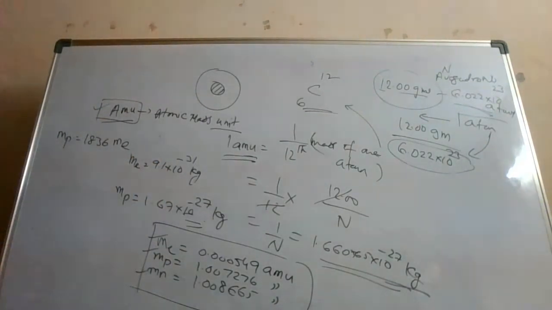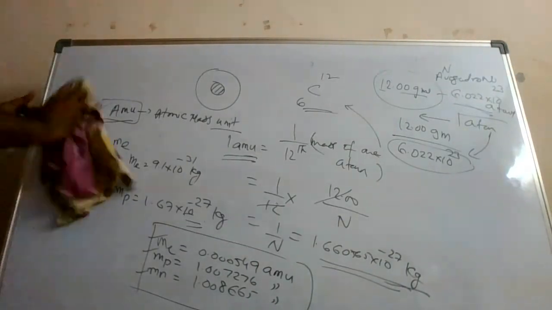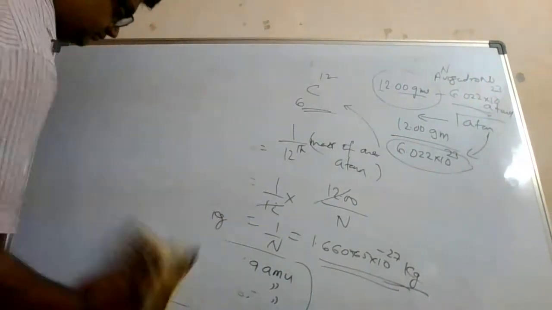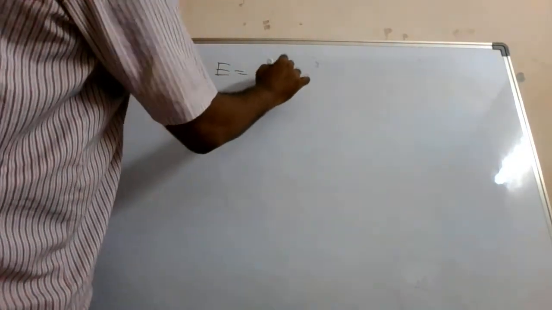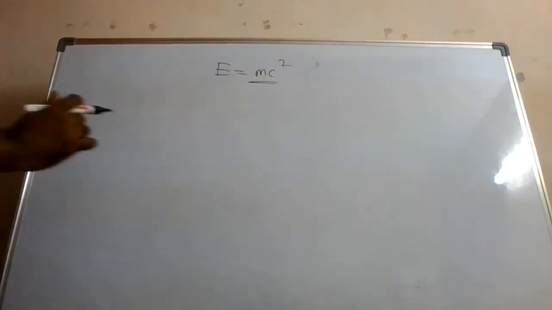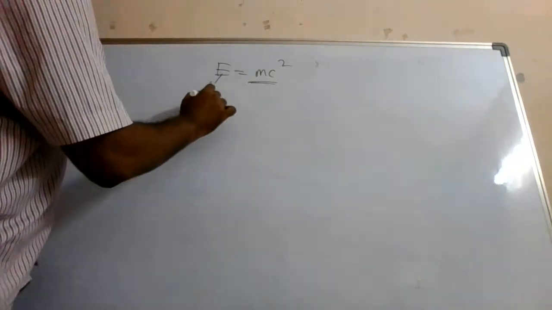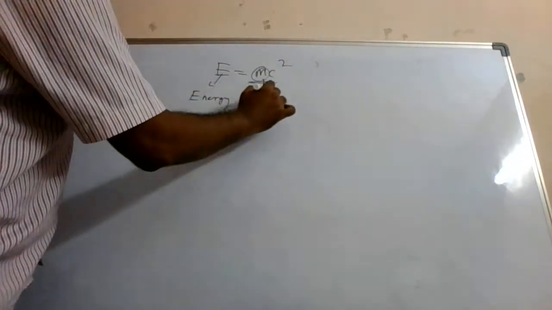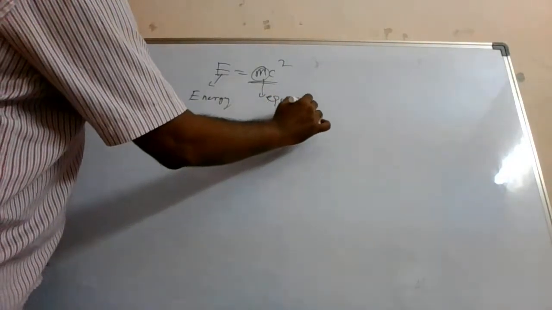All right, let us see one more concept. We all know this famous Einstein's equation, E is equal to mc square. Now let us discuss some points on this. This is energy, and this is equivalent mass.